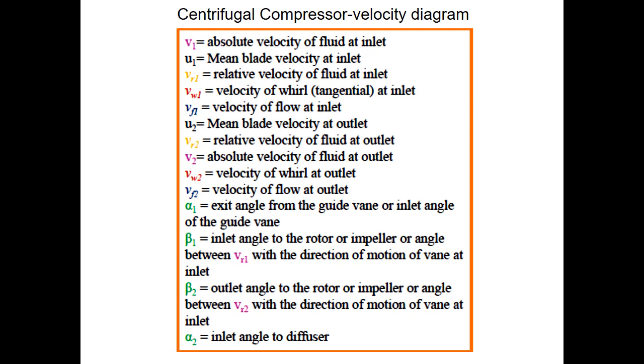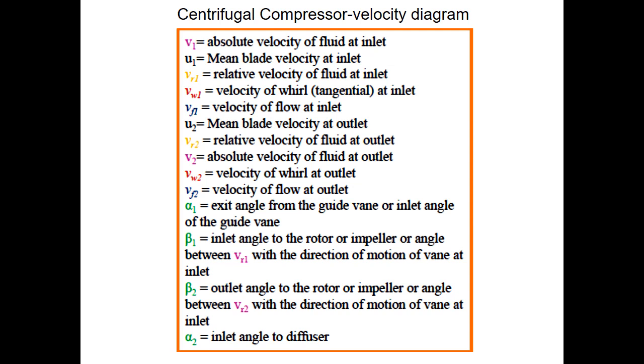VW1 is the whirl component and VF1 is the flow component at inlet. U2 is the mean blade velocity at outlet, VR2 relative velocity of fluid at outlet, V2 absolute velocity of fluid at outlet, and VW2, VF2, the two components of V2. VW2 is the work component, VF2 is the flow component of fluid at outlet.